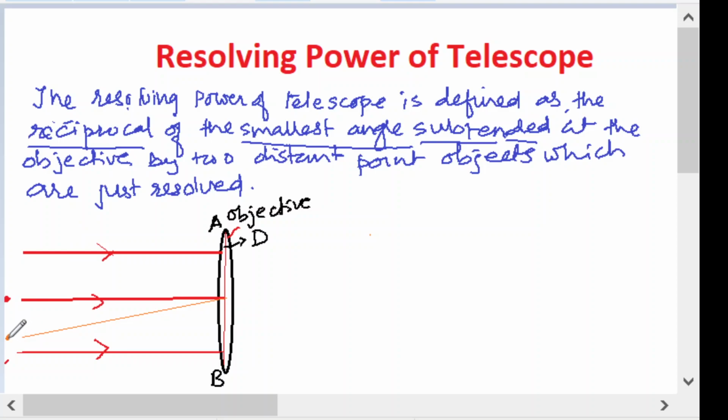This is the second source, and this is the first source, very near to each other.